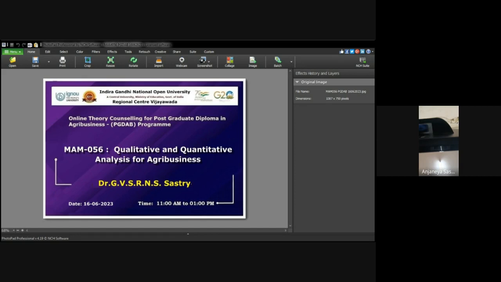Next is inventory control. Inventory includes raw materials, work in progress, and finished goods. Here there are different techniques.